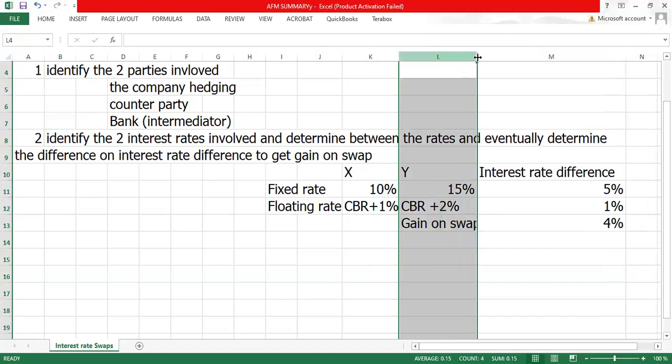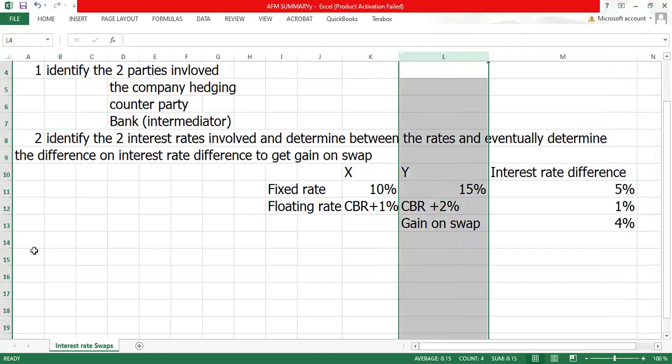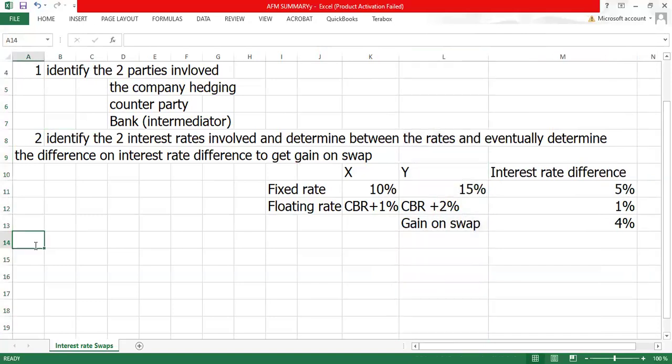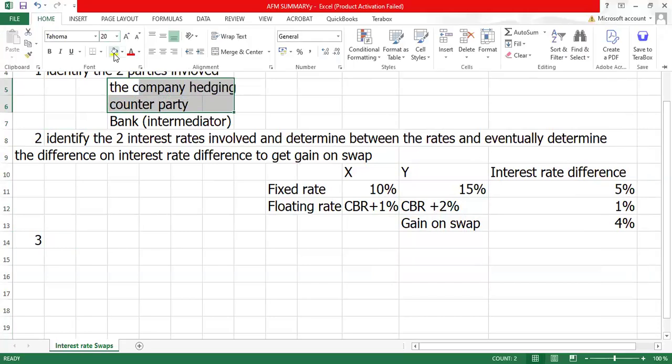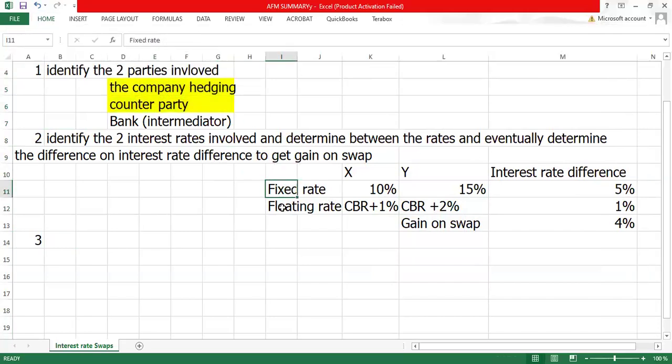Okay, so once you have this gain, you look at step number 3. Take note that on step number 2, each party, the company hedging and the counterparty, will always have the fixed rate and the floating rate as a must.